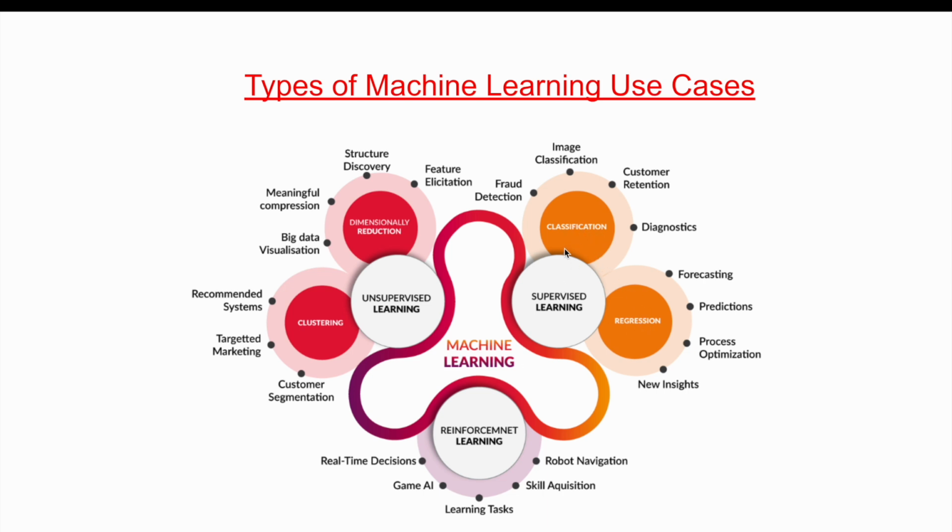Classification can be used in fraud detection, image classification, customer retention, and also diagnostics. The regression subcategory can be used in forecasting, predictions, process optimization, and also new insights.